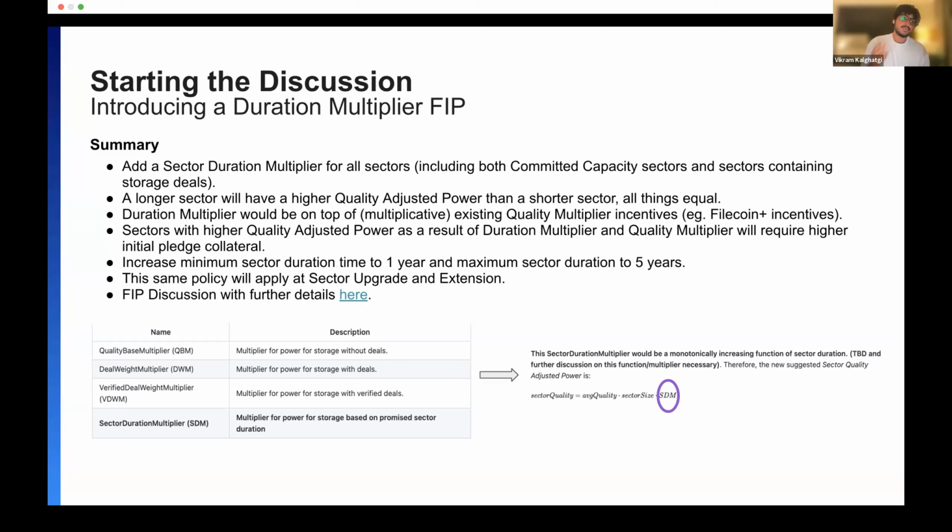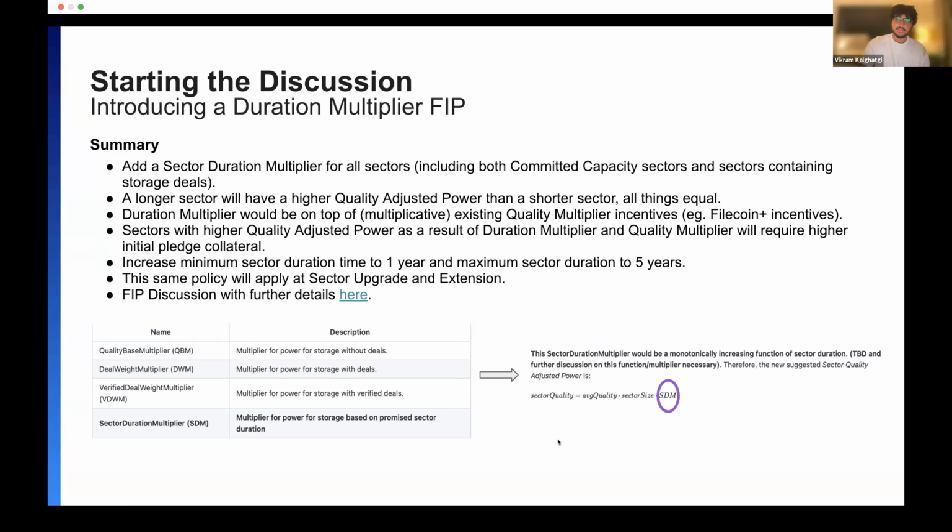With that, we've also proposed increasing the minimum sector duration time to 1 year and maximum sector duration to 5 years. Again, these are tunable and subject to debate and discussion, but this is our initial draft. And we think this policy should apply at sector upgrade as well as extension.